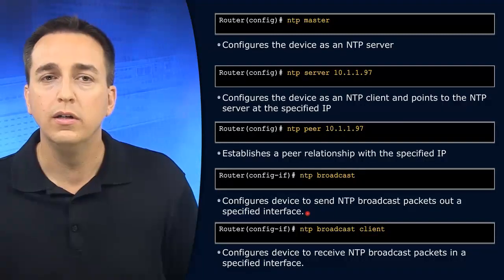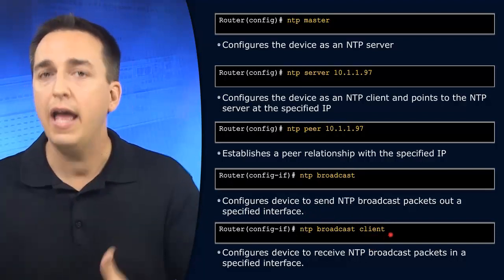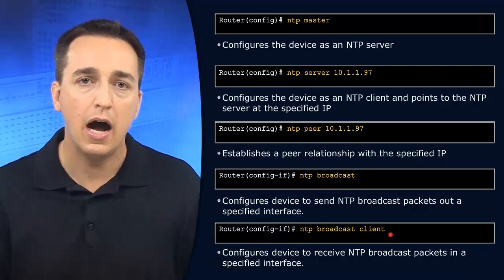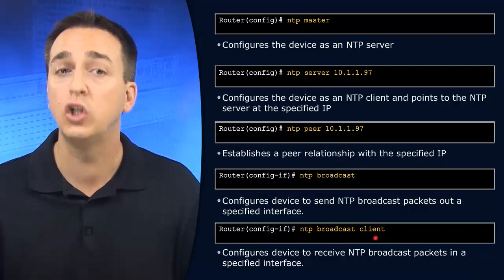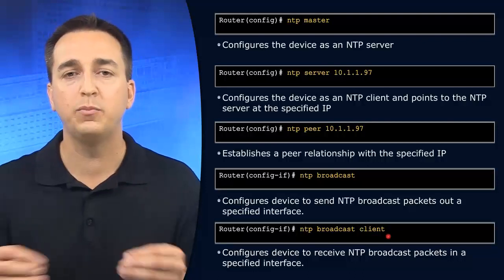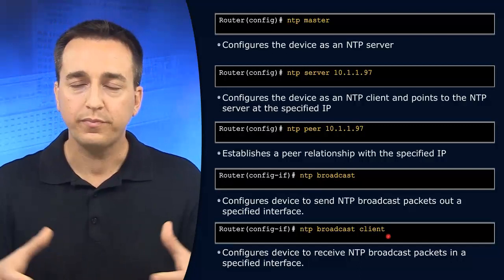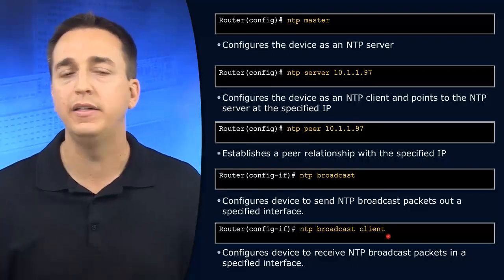We also need this command right here on the client's, the other end. So if we expect a device to synchronize its time using the NTP broadcast, then we need to use the NTP broadcast client command. And then that specific client would then be waiting, and it would receive those NTP broadcast packets and then synchronize its time.